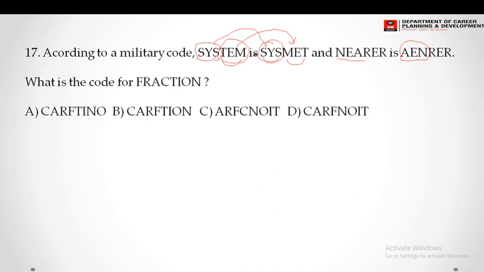So it is divided into two parts, the first half is reverse order and the last half is reverse order. So this is also reverse order, A E N, then R is also in reverse order, is RER.